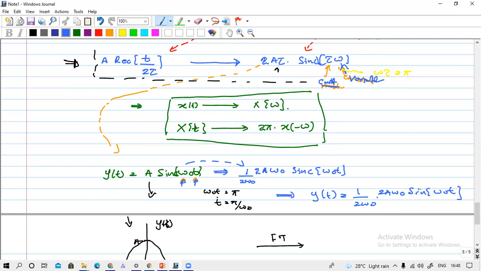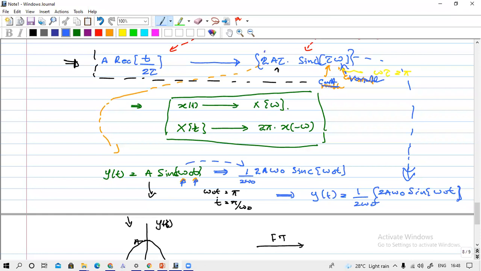So we have this signal. This signal and this signal are very much identical. Instead of τ, here it is ω₀, and instead of ω, here it is t. That is the only difference. Now you can see that this frequency domain signal is converted to a time domain signal.